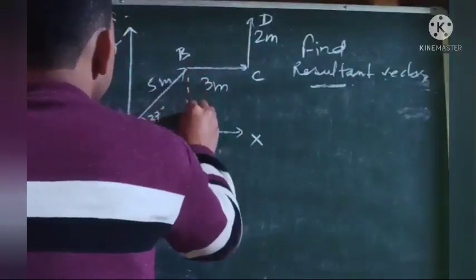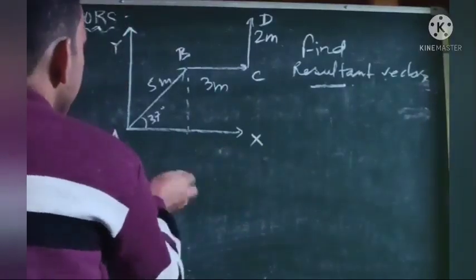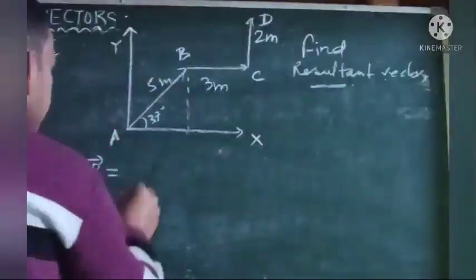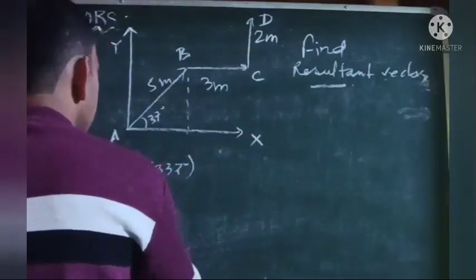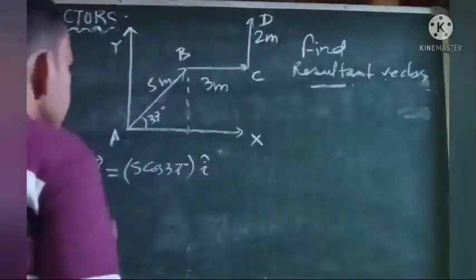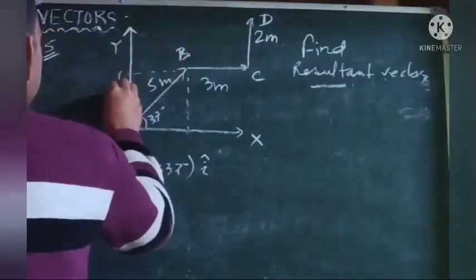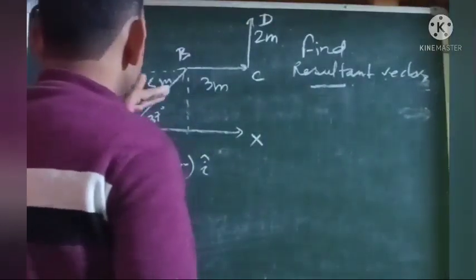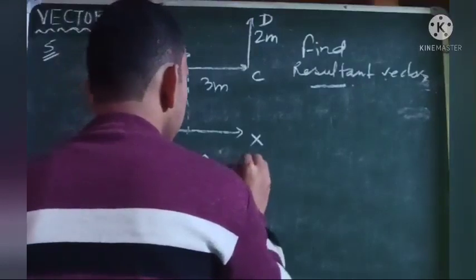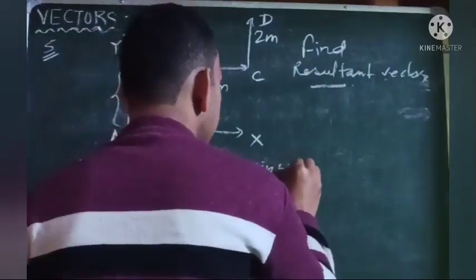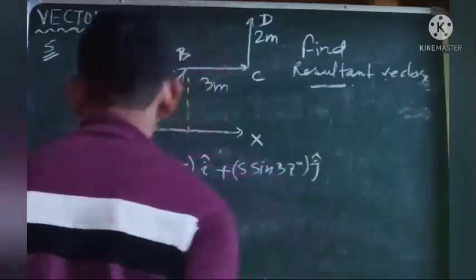The component of AB vector along I cap direction, or x-axis direction, is 5 cos 37 degree times I cap, plus 5 sin 37 degree times j cap, which represents the component of AB vector along the y-axis.